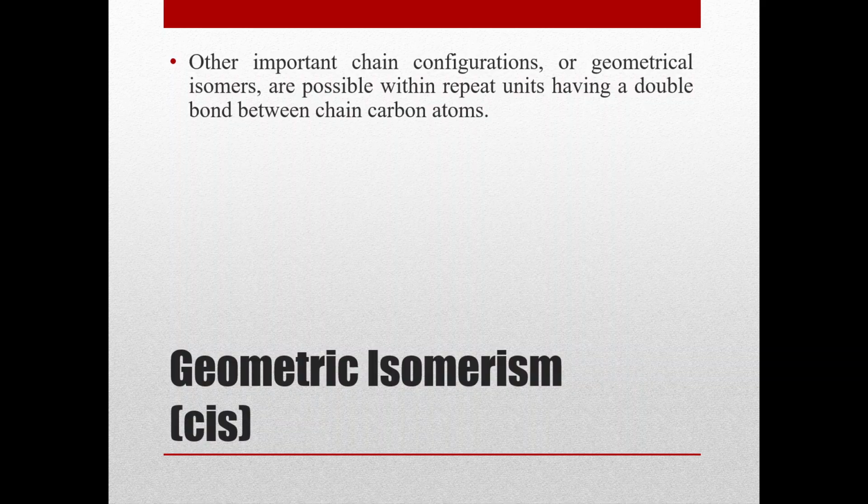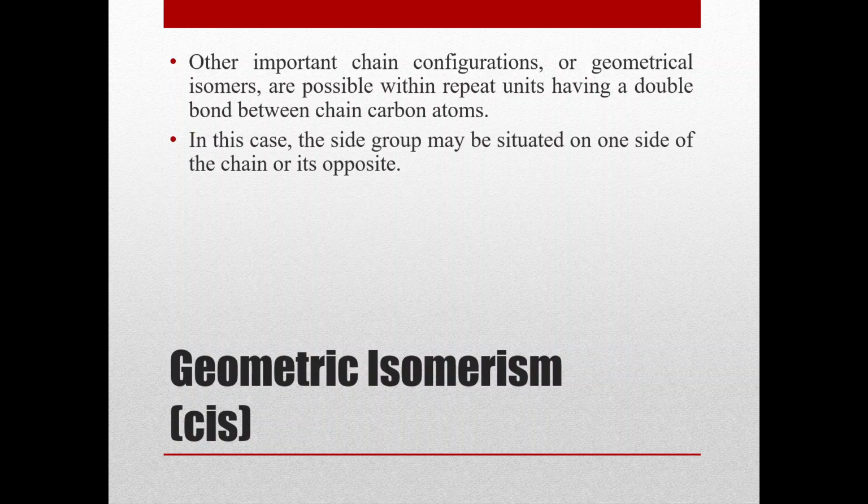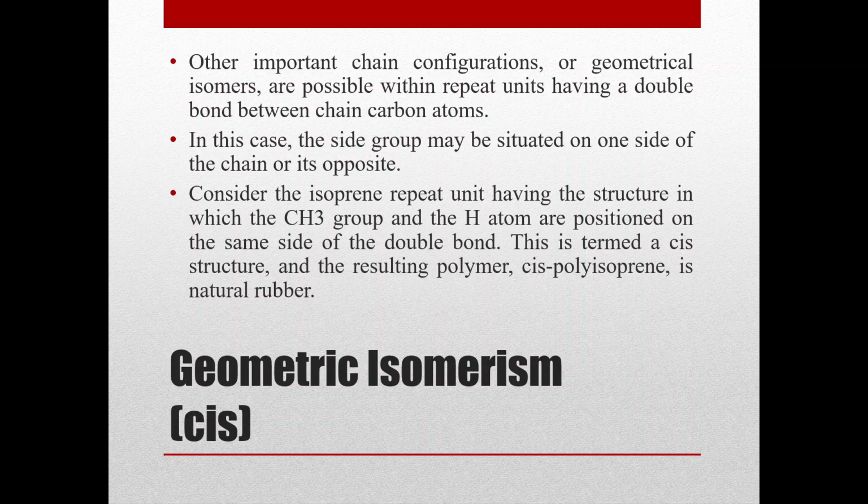So if the main backbone chain has double bonds in itself, then again there can be isomers of this type of polymer, and let us see what they are. In this case, the side groups may be situated on one side of the chain or on the opposite side. Consider the isoprene repeat unit in which the CH3 group and the H atom are positioned on the same side of the double bond.